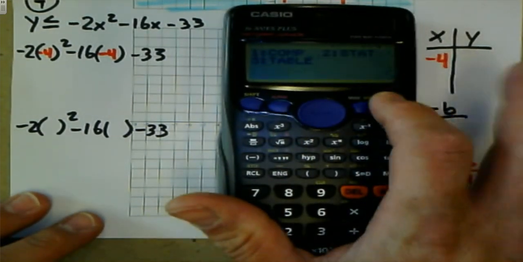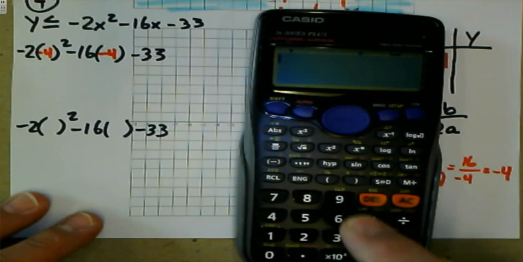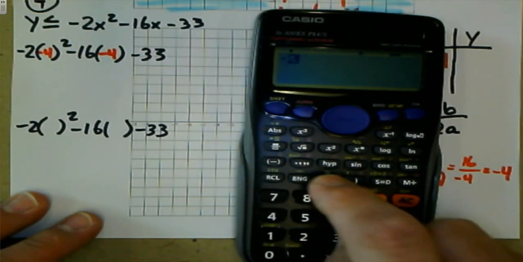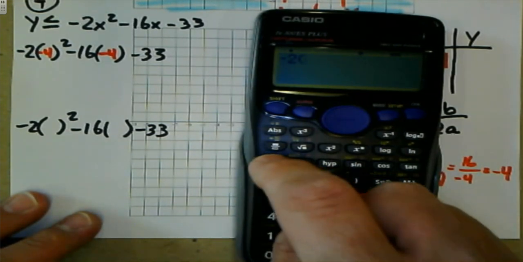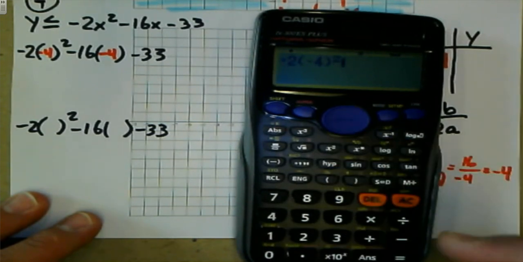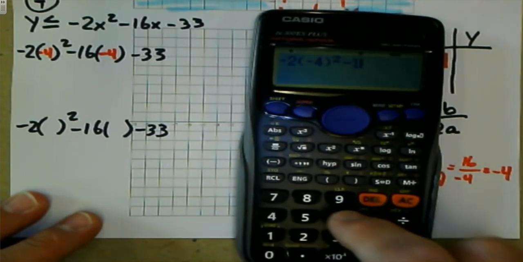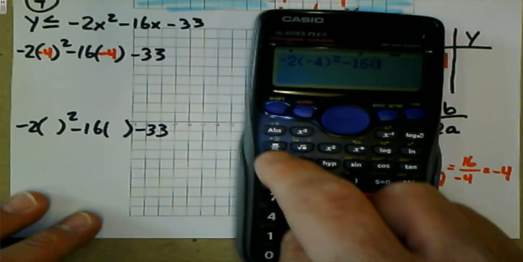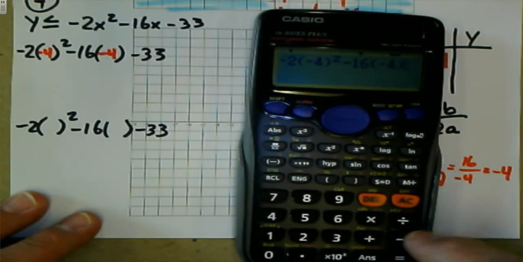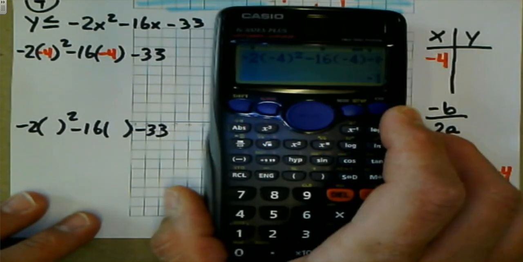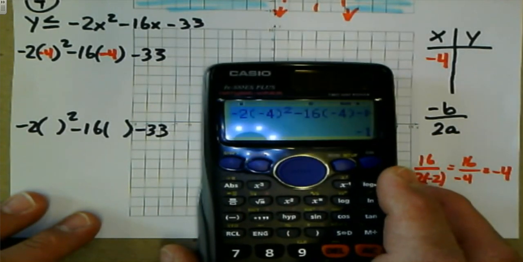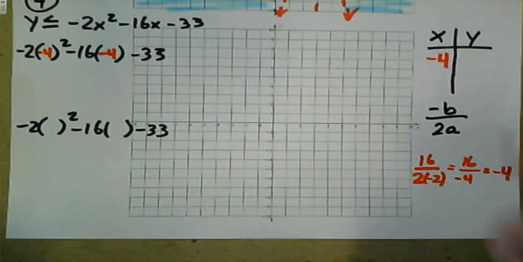Get our wonderful calculator. It's negative 2 times negative 4 to the second power minus 16 times negative 4 minus 33. And we get negative 1. Everybody see that? Yep, there it is. Negative 1.